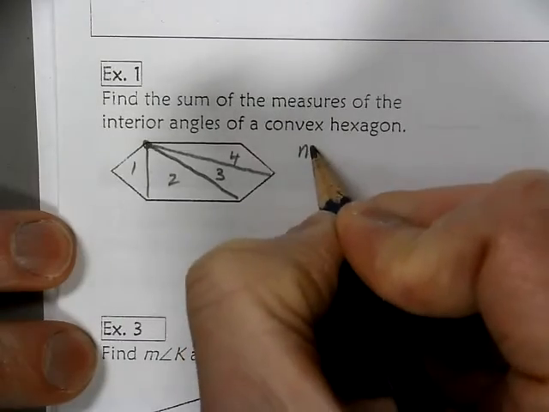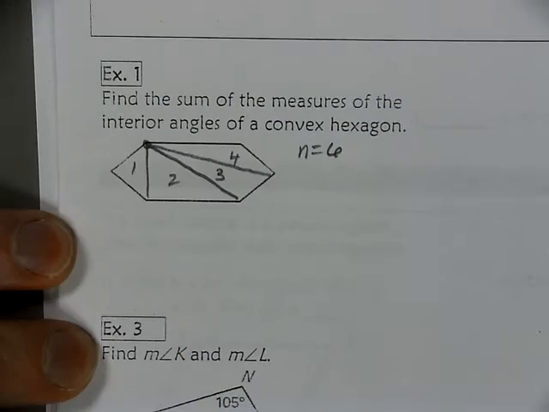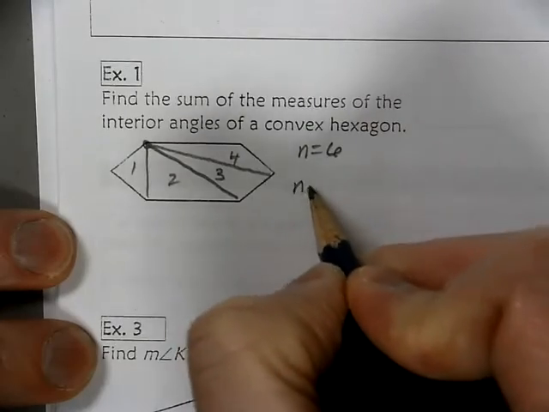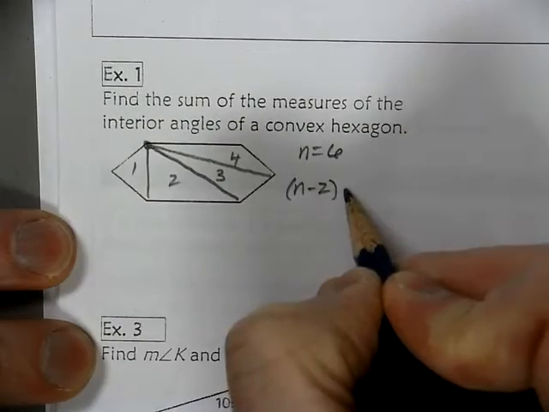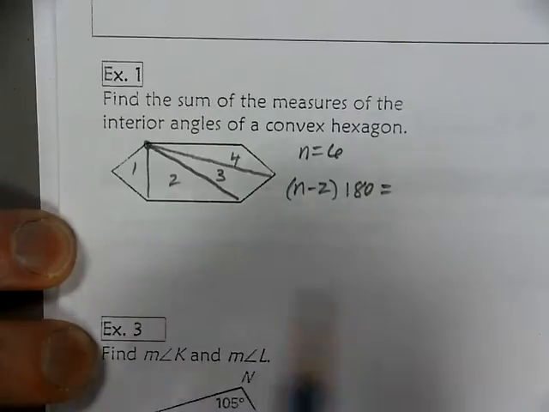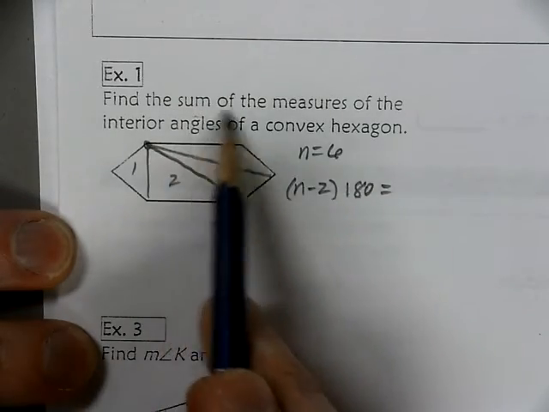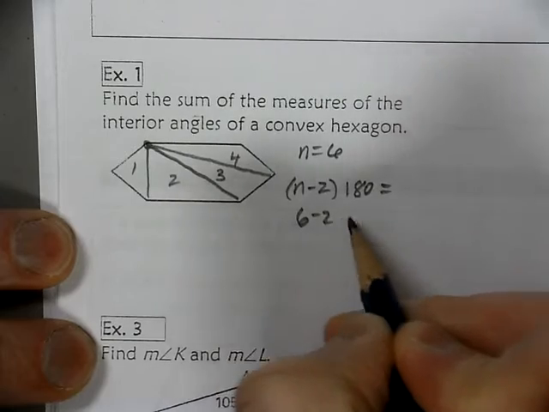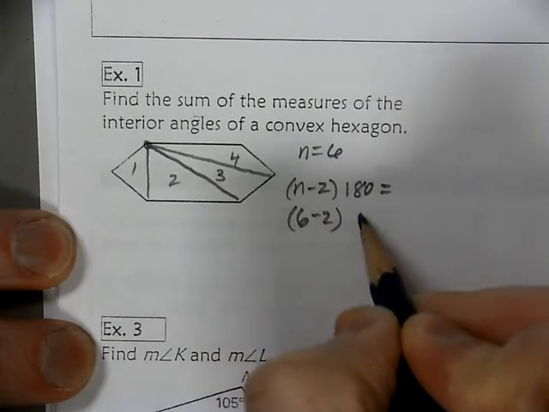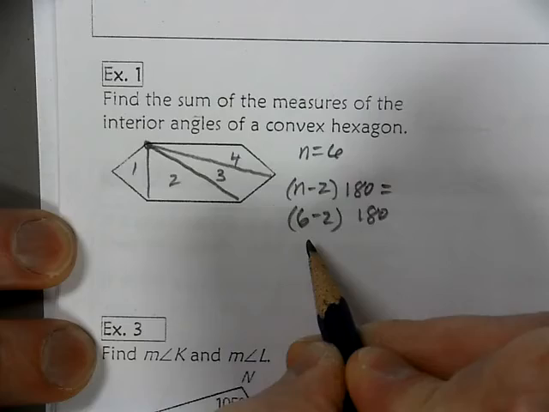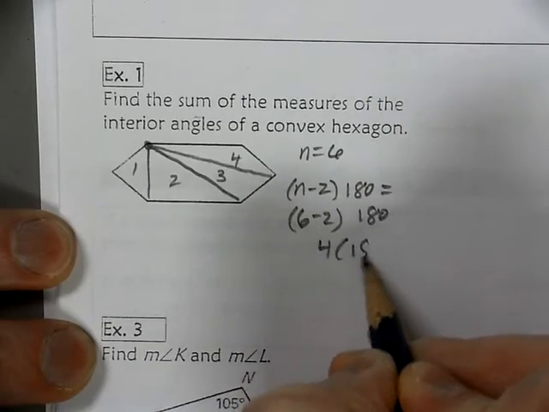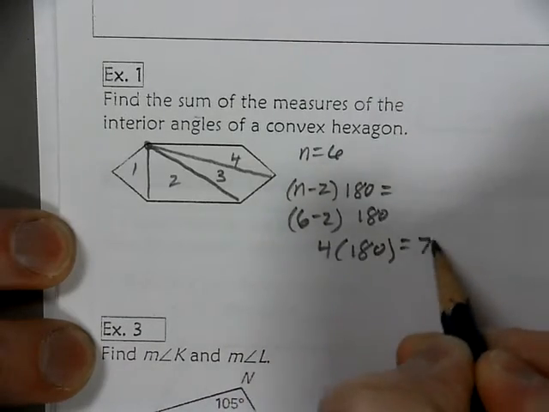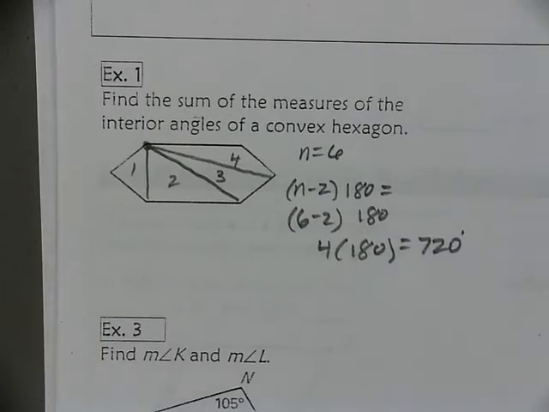You could also look at the number of sides, and we always know that the number of triangles formed times 180 is going to be the sum of the interior angles. So we have 6 minus 2 times 180. That's going to be 4 times 180, which is 720 degrees. That is the sum of the interior angles.